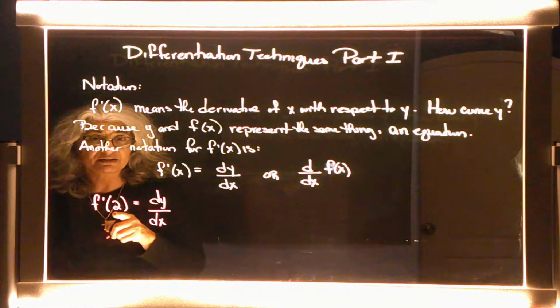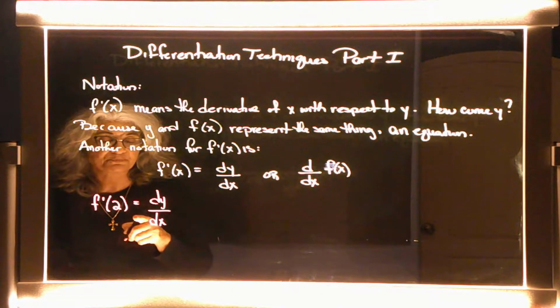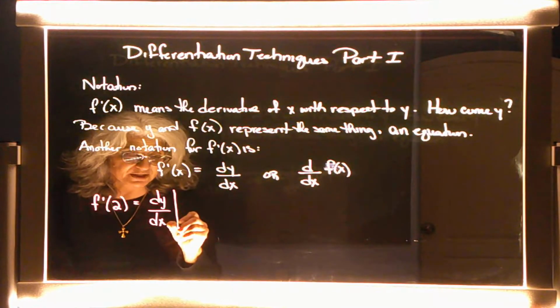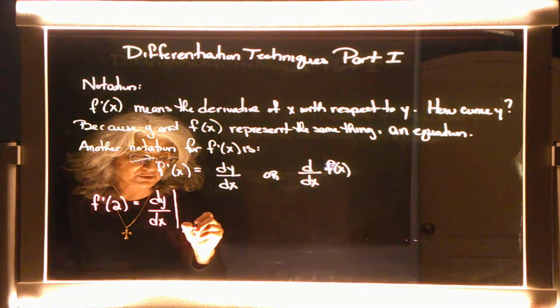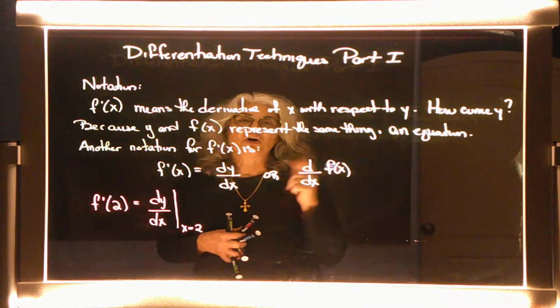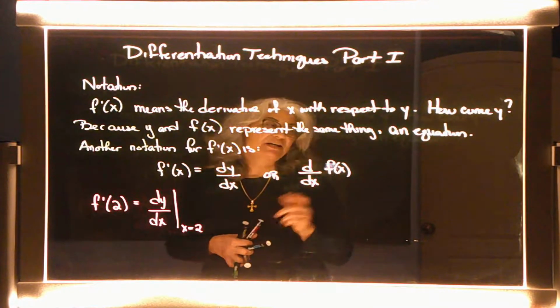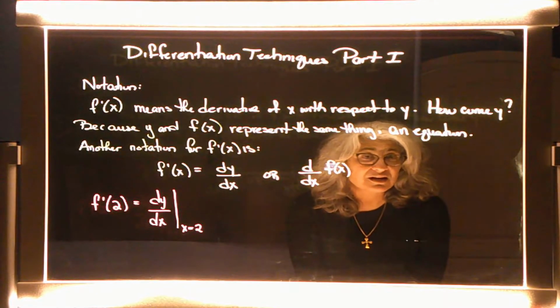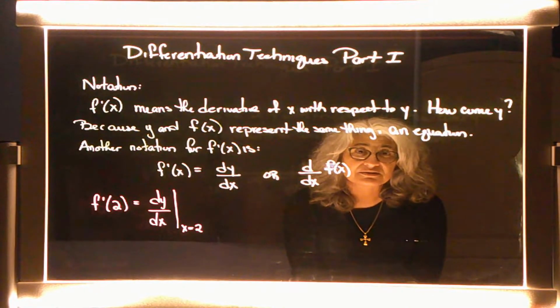But now it's at 2. So the derivative of y with respect to x evaluated at x equals 2. Good?